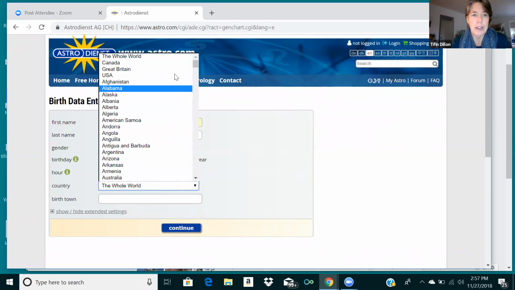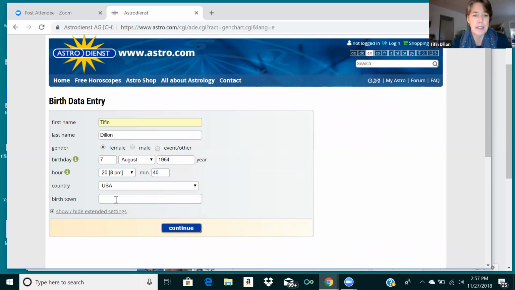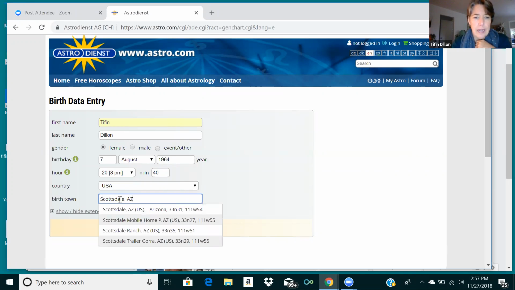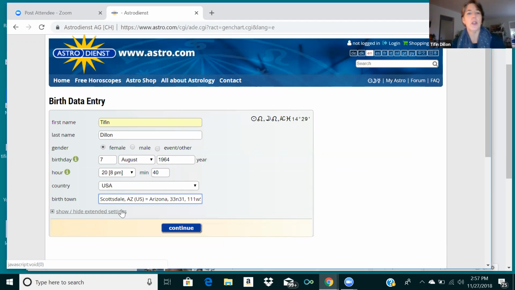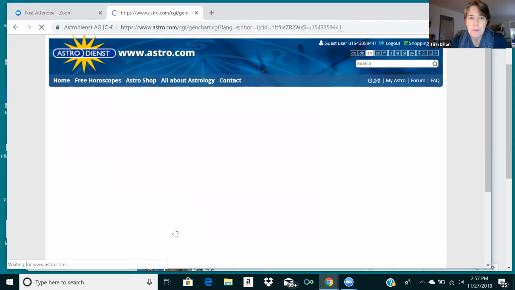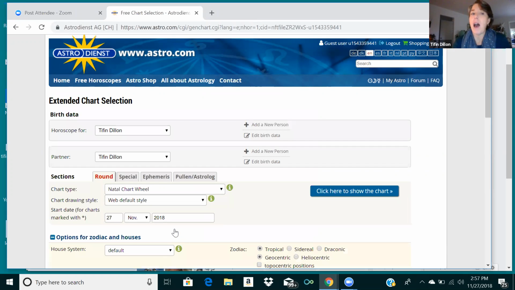I was born in the US in Scottsdale, Arizona. And it'll give you some choices here for many of the cities. Choose the closest that you know. And continue.